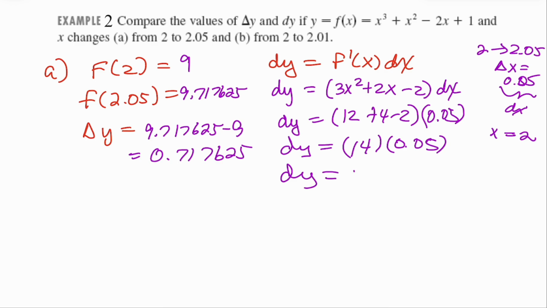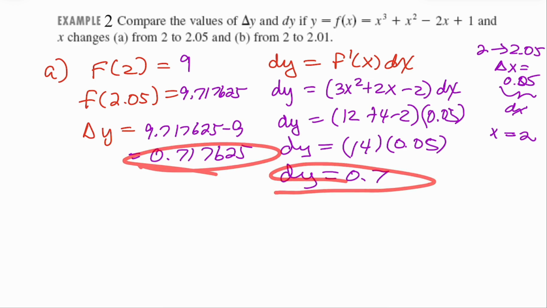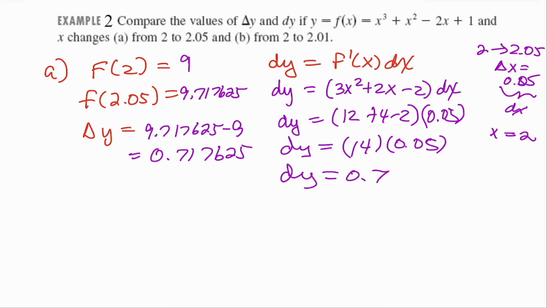Our dy is 0.7. So if we compare those two, our delta y, our exact change, is 0.717. Our dy is 0.7, which are very, very close quantities. So this is just showing you can calculate it both ways.